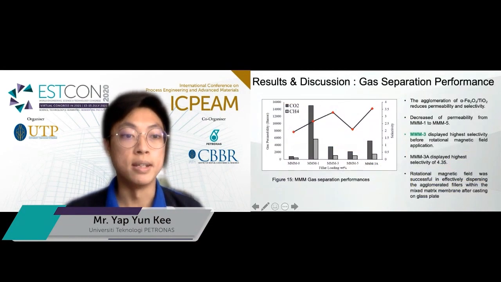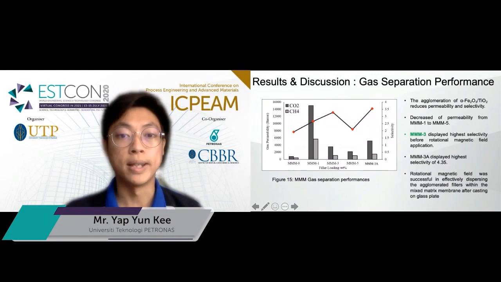So you can see here from 0, 1, 3, and 5, you can see that the agglomeration of the iron oxide and titanium dioxide filler reduces the permeability and selectivity. After putting the filler inside, as we increase the filler, we can see that the permeability of both CO2 and CH4 drops as we increase from 1 to 3 to 5.